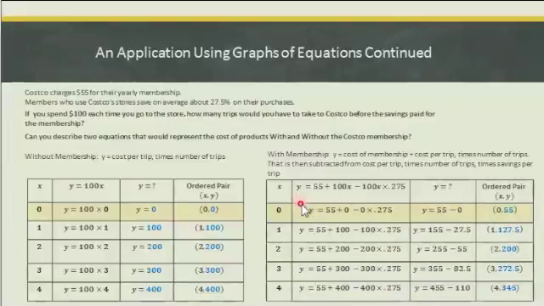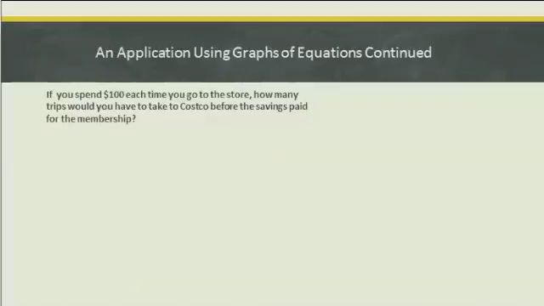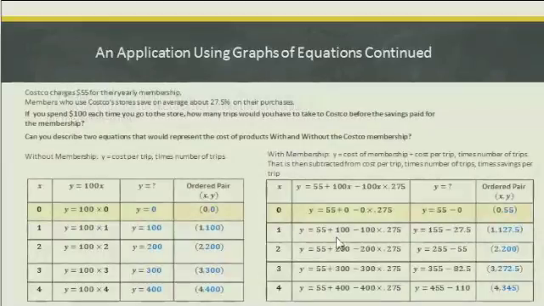So y equals the cost of membership plus the cost per trip times the number of trips minus the cost per trip times the number of trips times the savings per trip. So let's start with 0. So maybe you can get an understanding of what I'm talking about here.